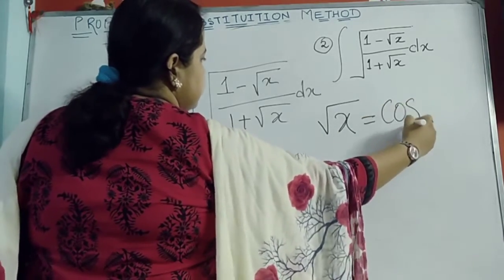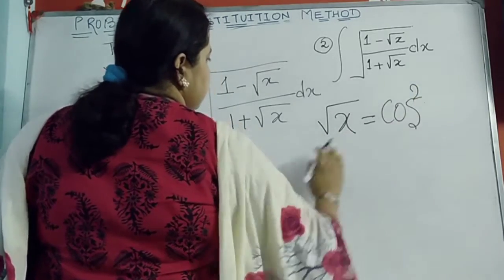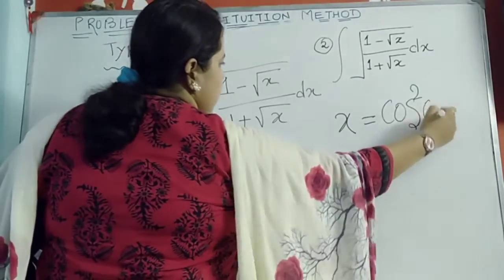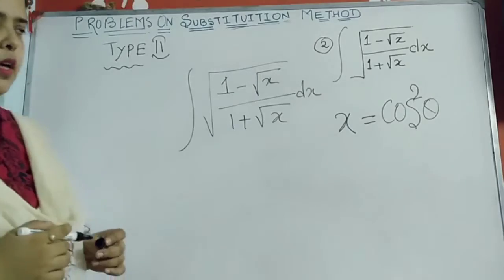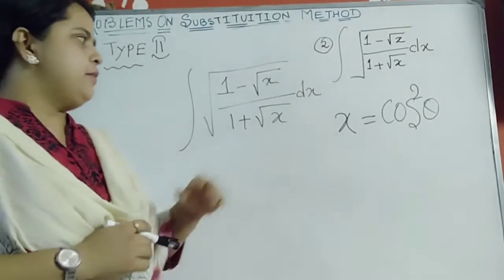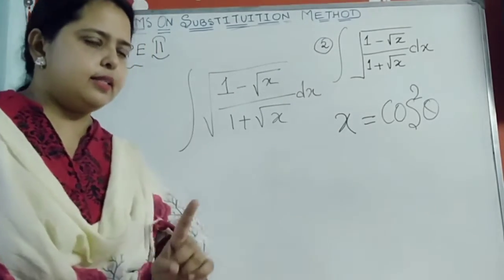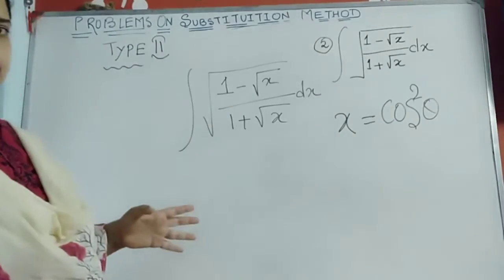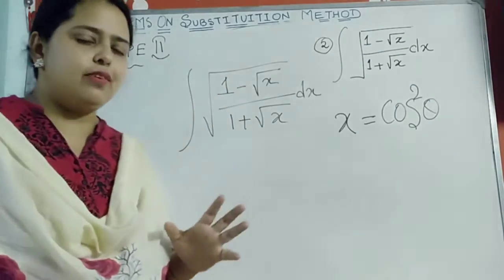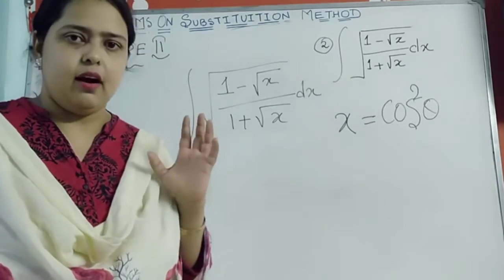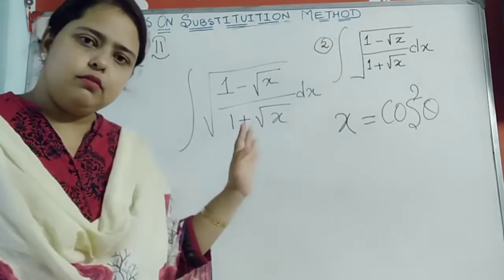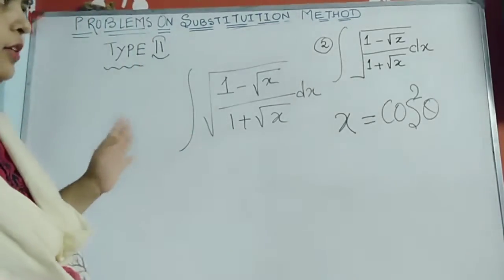Let me substitute x as cos square theta. Then the root over of x will become cos theta. So root over gone. The first root over gone.